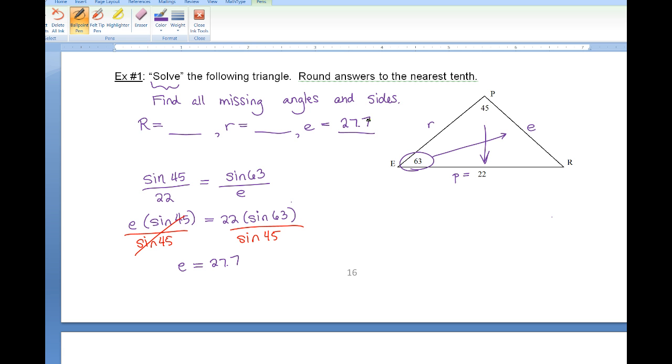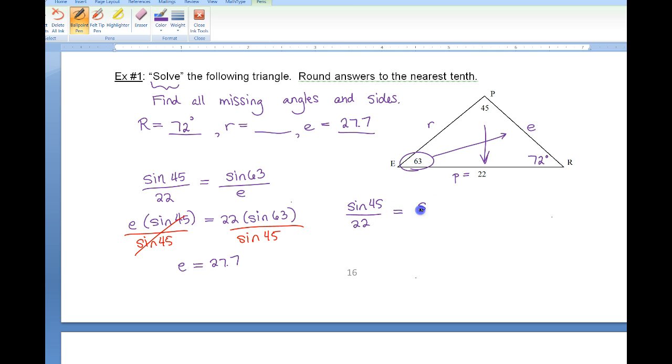Now, angle R is relatively easy because if I have 63 and 45, all three angles add up to 180. So we'll find out that this is 72 by just subtracting the other two from 180. Now, to find r, it's going to look almost the same as the one that we originally set up. We're still going to use sine of 45 degrees over 22.